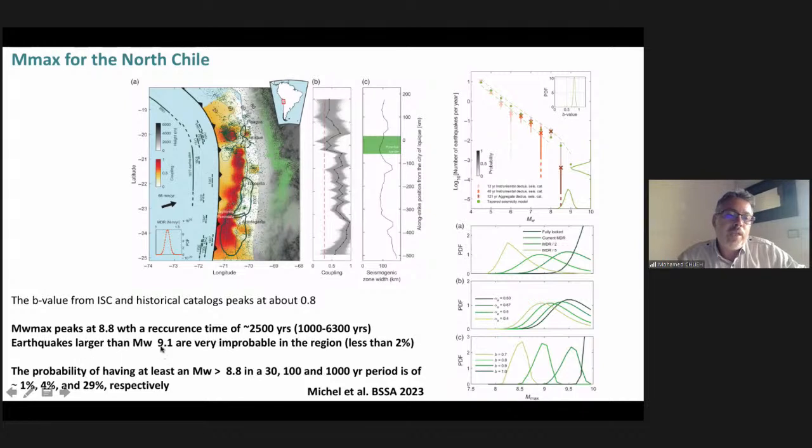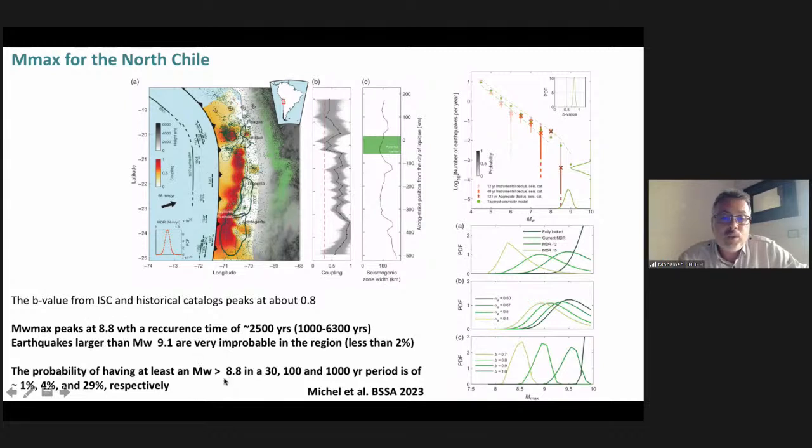But we can have up to a magnitude 9.1, but with a very, very small probability of 2%. So the Mmax has a probability of occurrence, and the one that has the higher probability of occurrence in Mmax is magnitude 8.8 for this region.